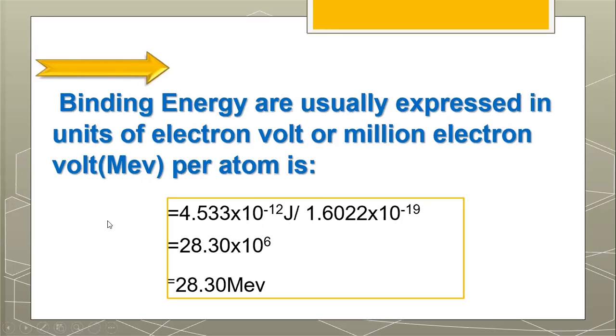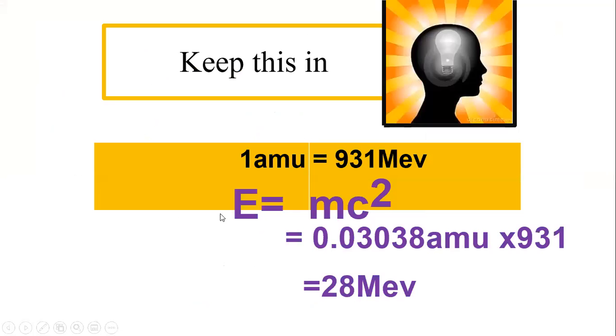The final answer will be equal to 28.30 multiplied by 10 raised to power 6 electron volt. We know that 1 mega electron volt is 10 raised to power 6 electron volt, so this value is 28.30 mega electron volt. Here is the final derivation of binding energy per atom, equal to 28.30 mega electron volt.